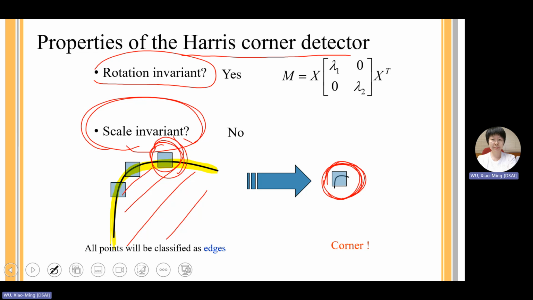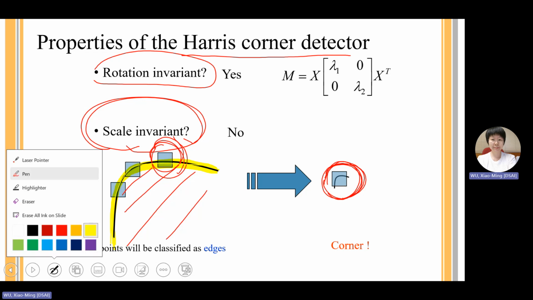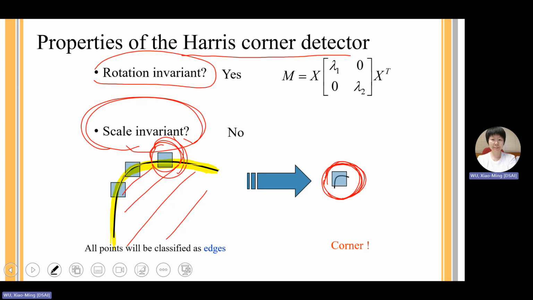If you slide the window along the edge of the corner, the changes within the window will not be like this, because the window is too small.